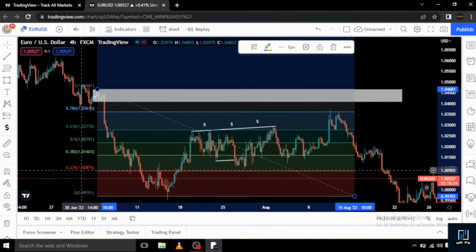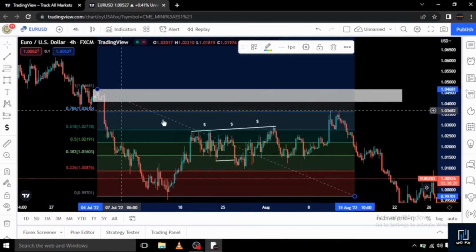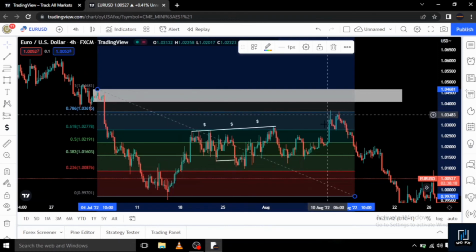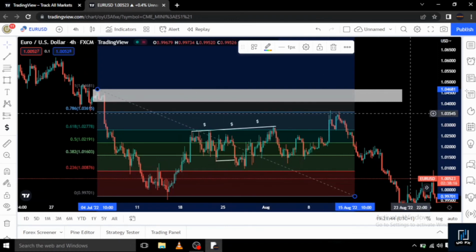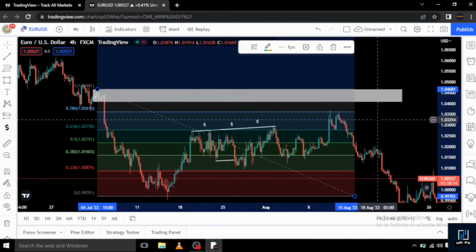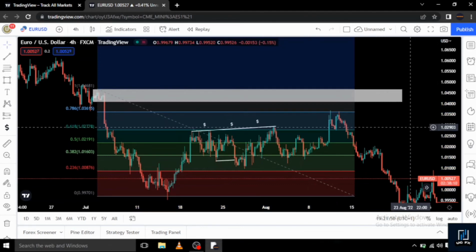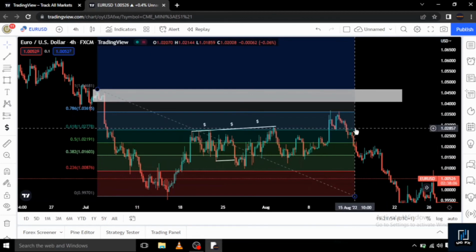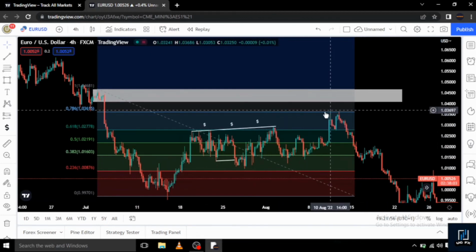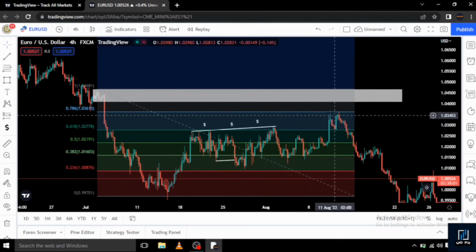So apparently the 0.681 and 0.786 are the discount levels. Everybody likes to buy or sell at discount prices. The smart money know about this as well, so they buy or sell from discount levels. So price tapped nicely into this discount level, just like I normally teach.